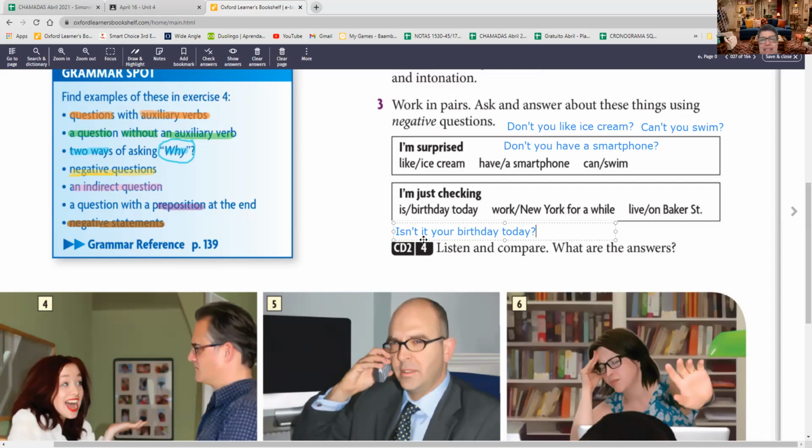Okay, so let's see the pronunciation. I'm going to put this down here so you can see better. This T here at the end, we do not pronounce. So we omit it because we link the letter N to the letter I of the pronoun that follows. So instead of saying isn't it, we say isn't it?